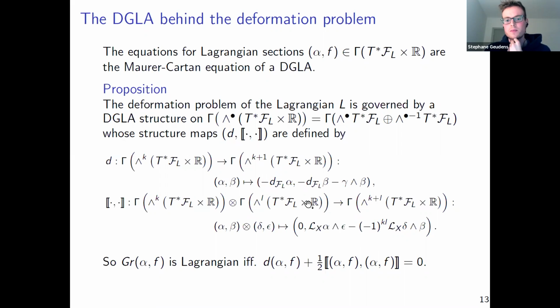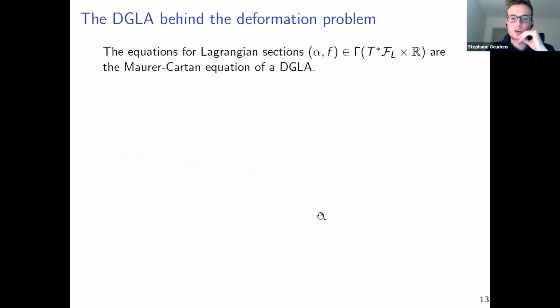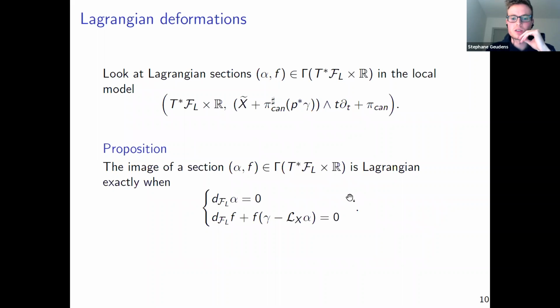And so the fact that this DGLA governs the deformation problem means that the solutions of its Maurer-Cartan equation are exactly the Lagrangian sections. And so this is the Maurer-Cartan equation. And yeah, if you would write down this equation, then you see that we recover exactly the equations here that we already found.